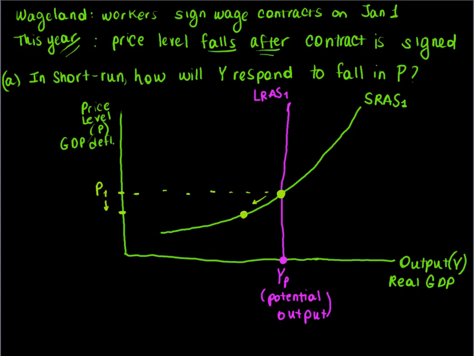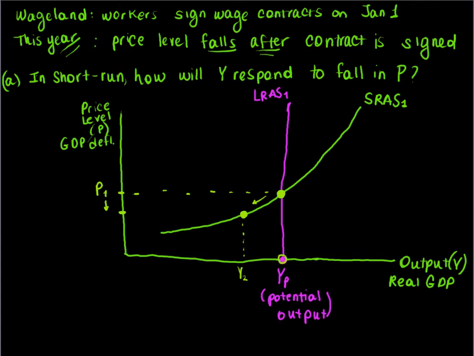So now we're at this second point along the aggregate supply curve, and that corresponds with a new level of output. I'm going to call this y sub 2, just because this is our second point. We were here at y sub p, and now we are at y sub 2, this new level.